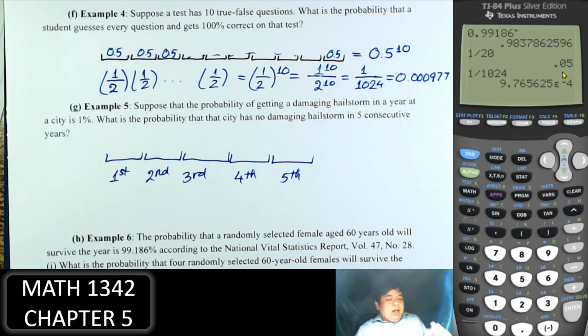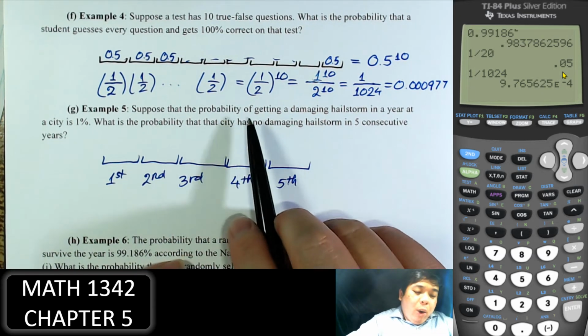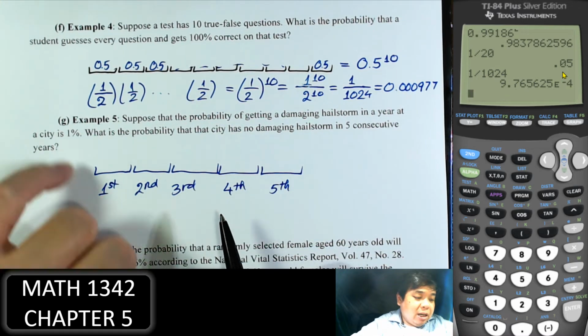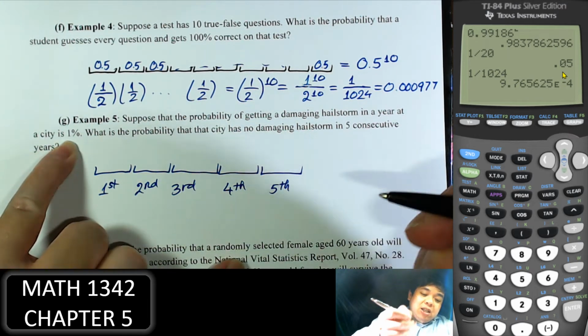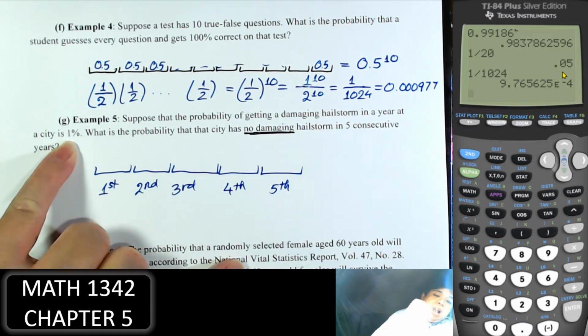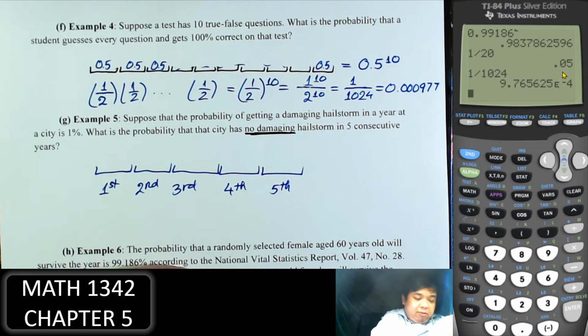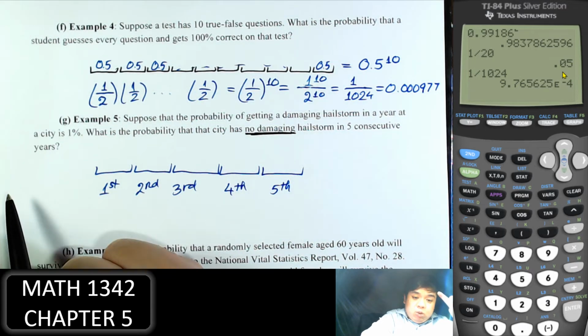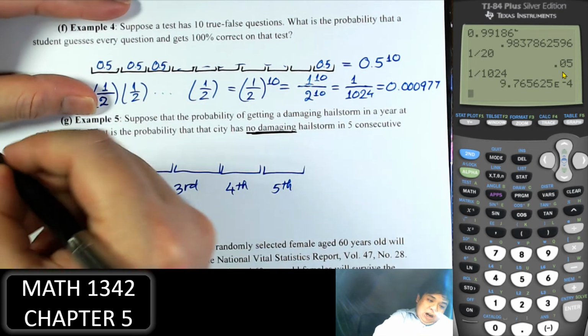So the probability of a damaging hailstorm in the first year is only 1%.